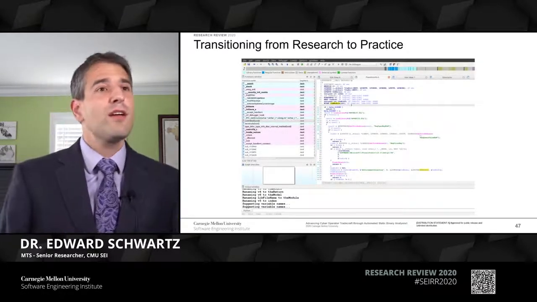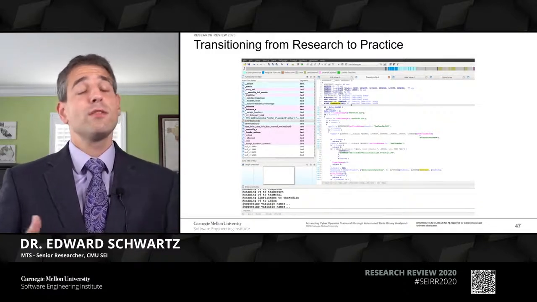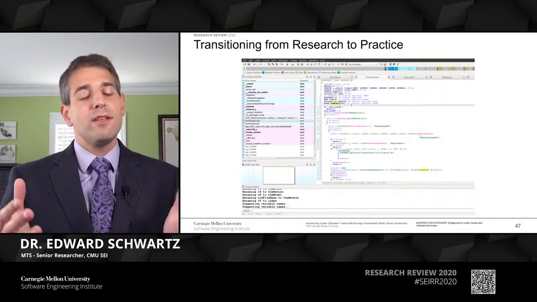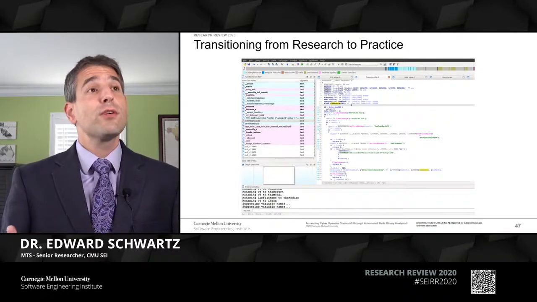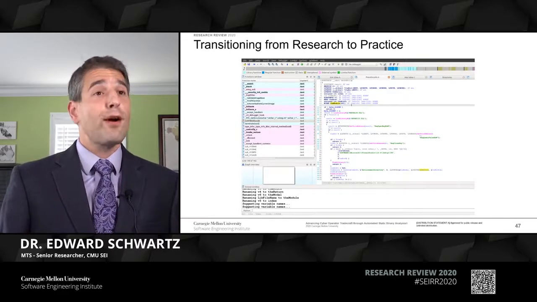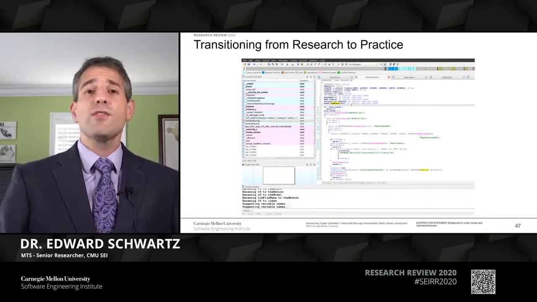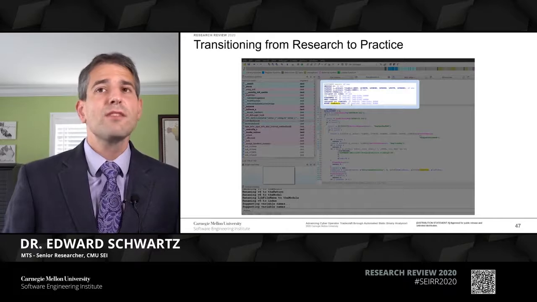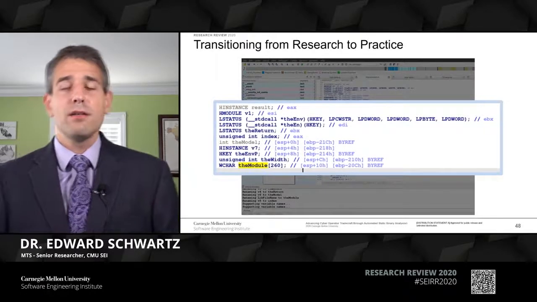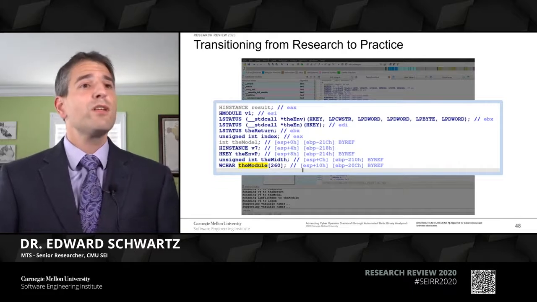So here's a screenshot of Hex-Rays with the plugin being used, and it's a little bit hard to see, but all that the analyst has to do to actually trigger the system is press the P button on their keyboard to predict new variable names, and then everything else happens automatically behind the scenes. And I want to show you another example of what some typical results from the system can look like.